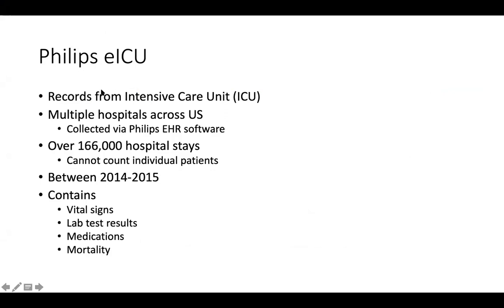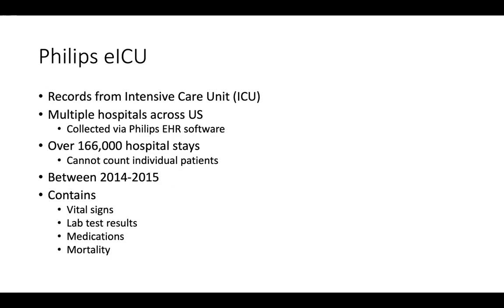Philips eICU is a completely different EHR dataset, but this is also in the PhysioNet universe. It also has records from intensive care units, and unlike MIMIC, which was collected at a single hospital, Beth Israel Deaconess Medical Center, Philips eICU was collected over multiple hospitals across the United States. This was possible because it was done by Philips, the company that makes, like, razors, and Philips makes a lot of stuff basically.